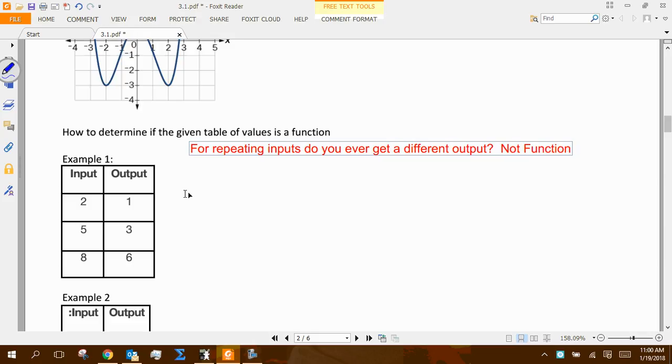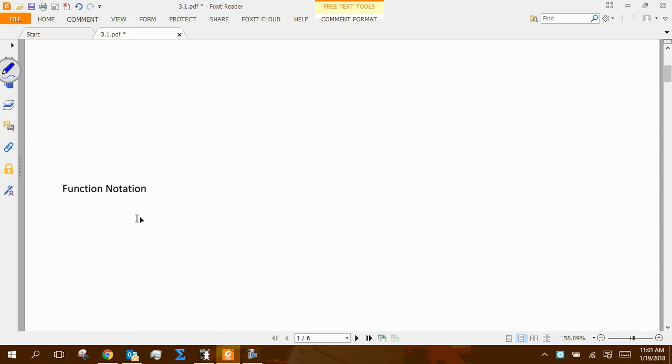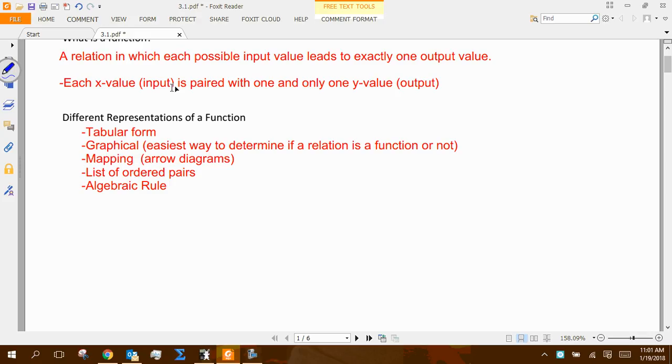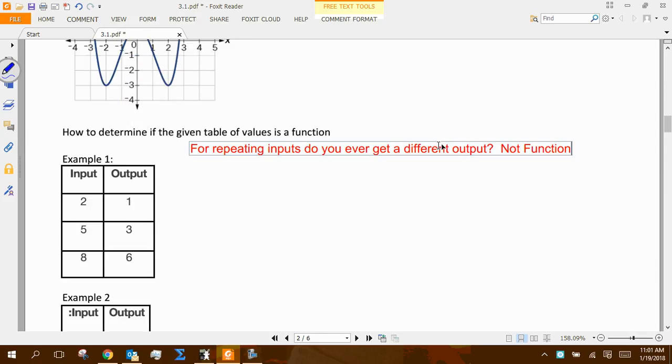So if you have repeating inputs and you get a different output, it's not a function, because the definition says for every input you get one and only one output. Well, if I violate that, then it's not a function. So that's kind of what we're looking at here.